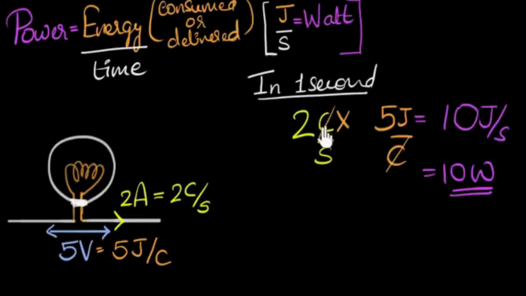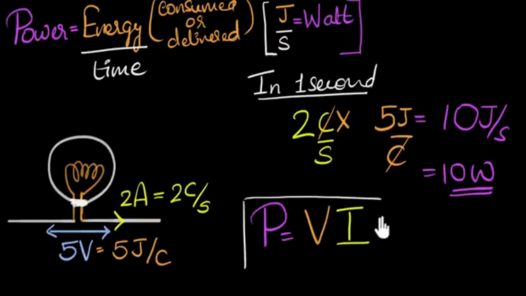So can you see that in order to calculate power, all we are doing is multiplying the current with voltage. And so in general, we can now write that power, or electric power, is just the product of voltage and current.